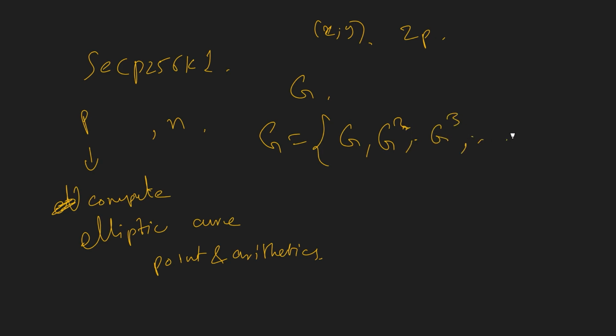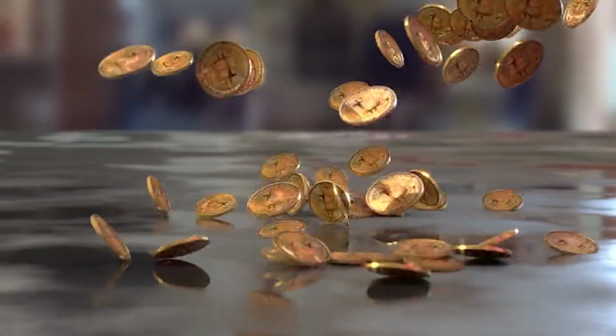Here G to the power 3 means it is addition, so it represents the elliptic curve addition of G plus G plus G. So if we consider the order of this group, that will be N. So the order of the group is N. Both P and N are prime. This adds to the security of the scheme, the elliptic curve signature scheme that we are using in Bitcoin.